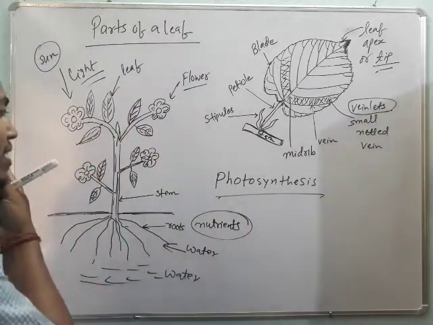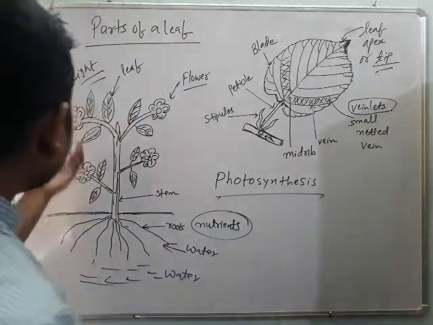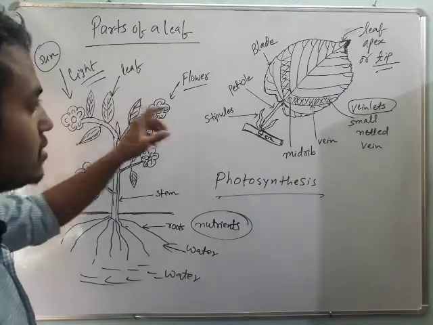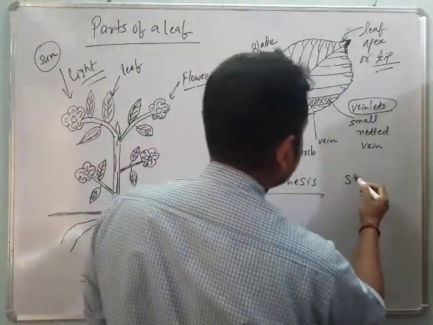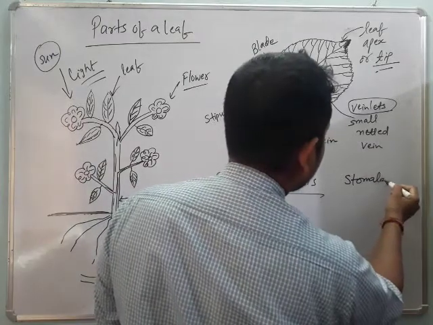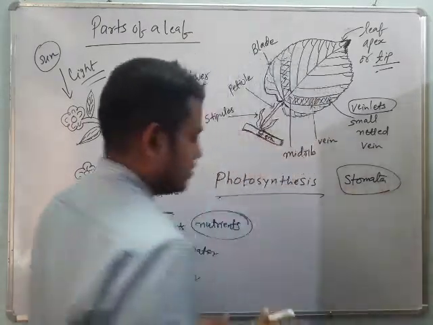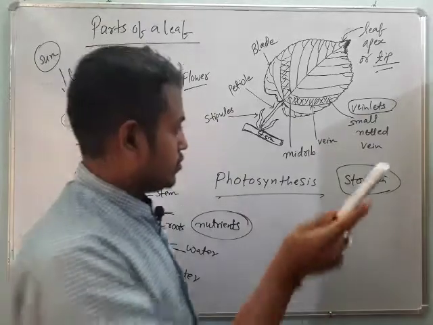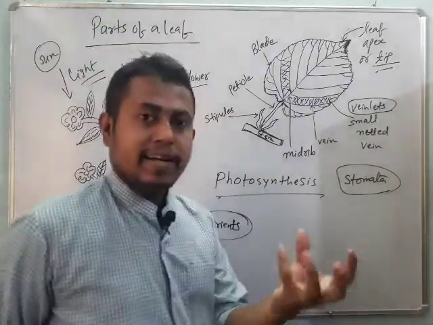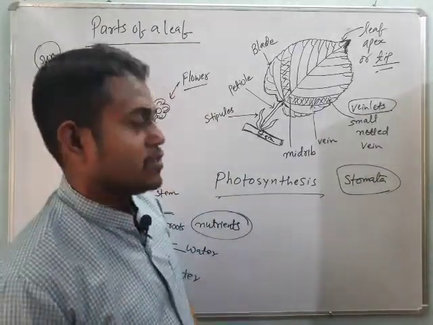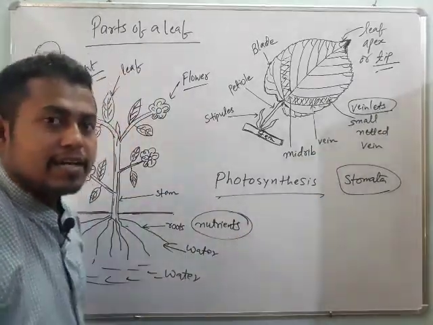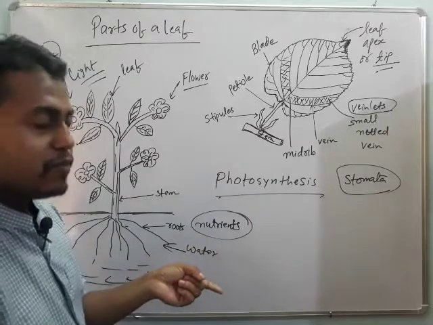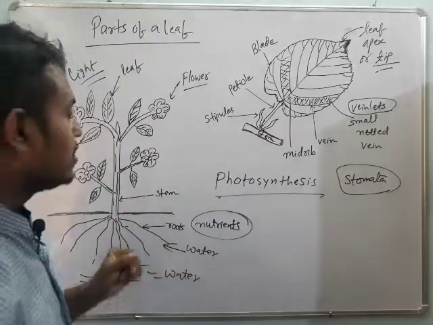And what they do, they charge the stomata. In the leaves, stomata is there. So stomata get alert. And what is the function of stomata? It enables carbon dioxide to enter into the leaf. How does it enable carbon dioxide?